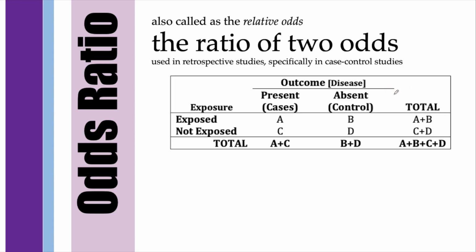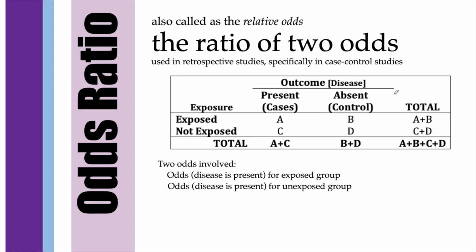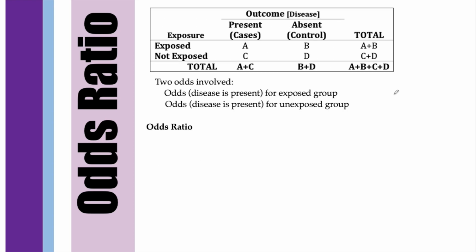So given this 2 by 2 table now, since odds ratio is the ratio of two odds, then the two odds involved are the odds that the disease is present for those who are exposed and the odds of having the disease when not exposed. So we may see that the odds ratio is just the odds of having a disease when exposed over the odds of having a disease when not exposed.